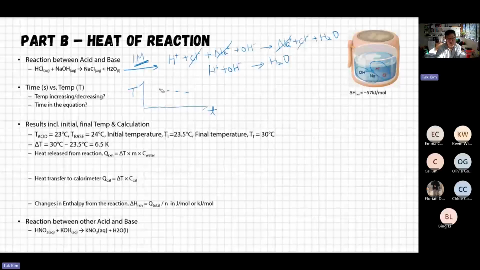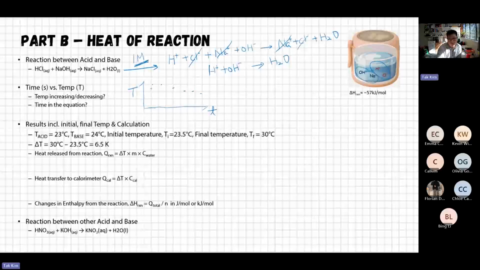Or if you started measuring temperature before you turned on the stir plate, the temperature will slightly go up, and then it will go down.